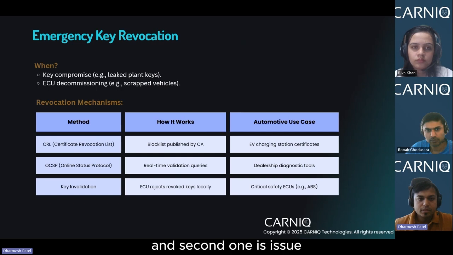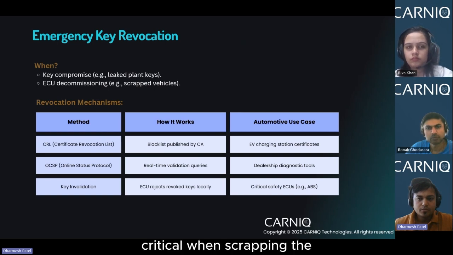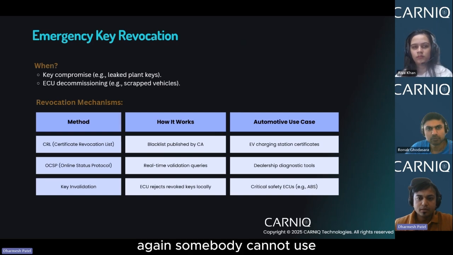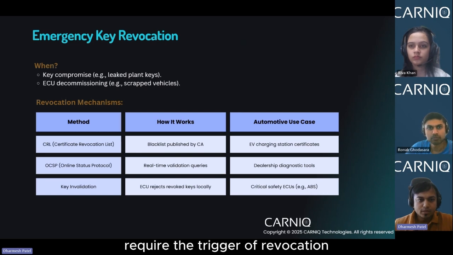And the second one is ECU decommissioning. It is critical when scrapping the vehicle, so that somebody cannot reuse these keys for gray market ECUs. So these two are the purposes where we would require the trigger of revocation.